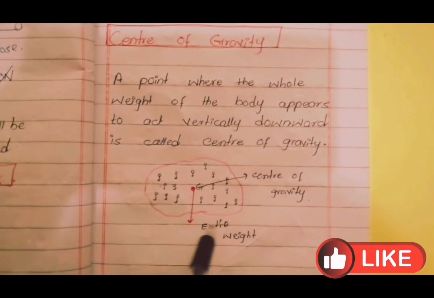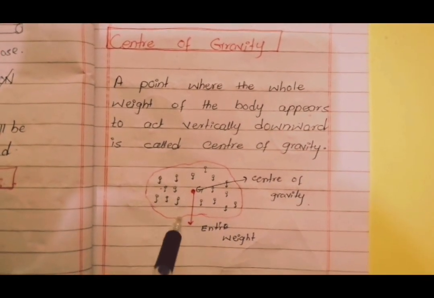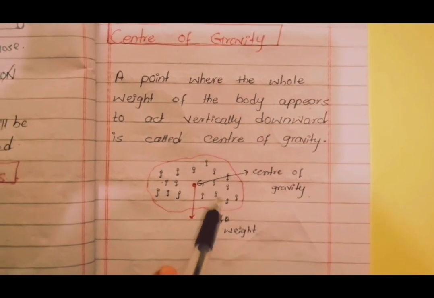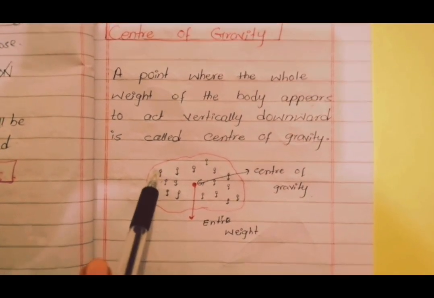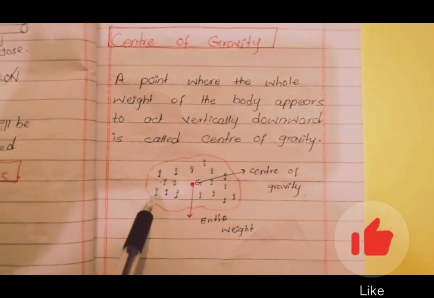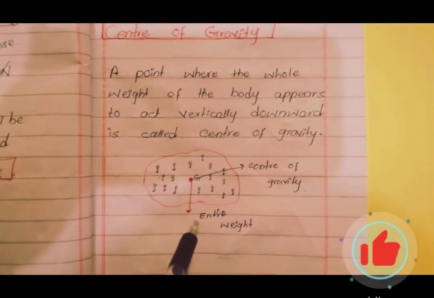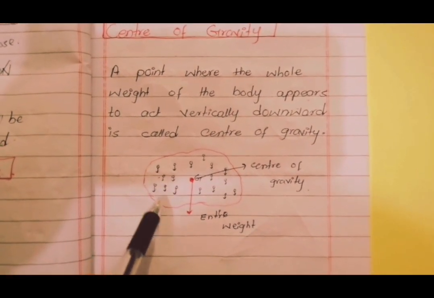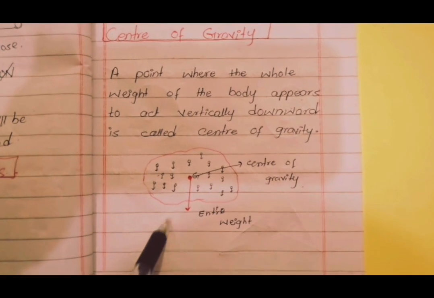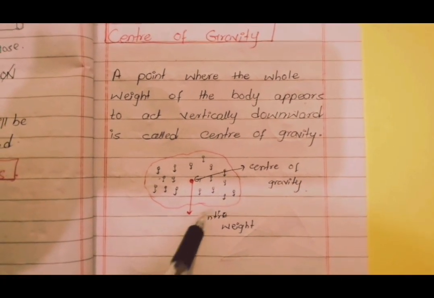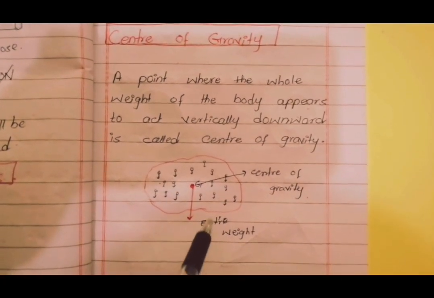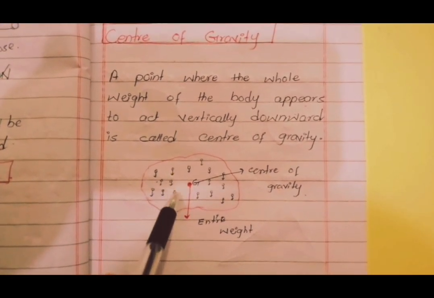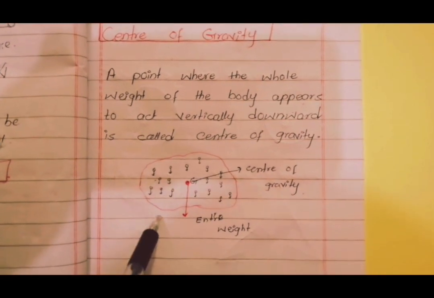For example, a body is made up of a large number of small particles, and the weight of every particle is acting in the downward direction due to the force of gravity of the earth. So this force of gravity which is acting on these particles is equal to the weight of every particle.